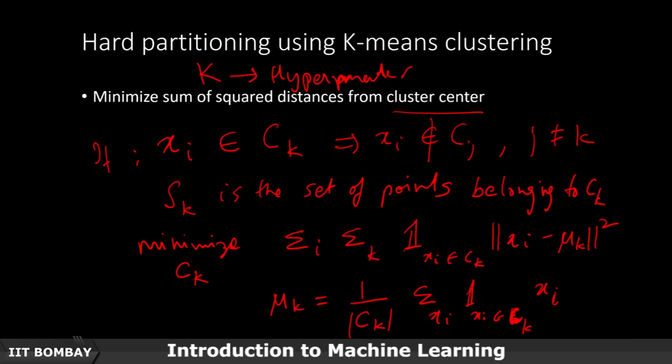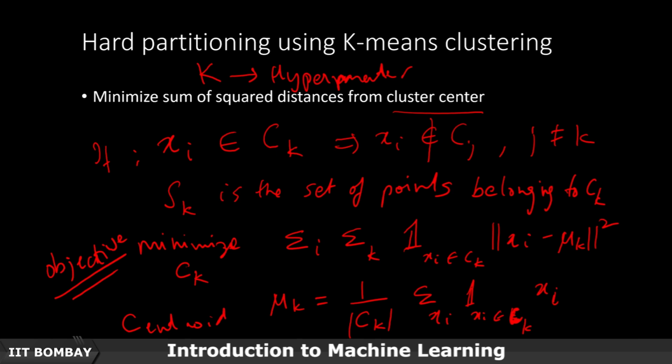So this is your centroid, and this is the objective. Now whether it meets this objective or not is a different question. It tries to meet the objective, but it may not always meet the objective. It may not always find locations in the space where the cluster centers minimize the distance from their respective points.